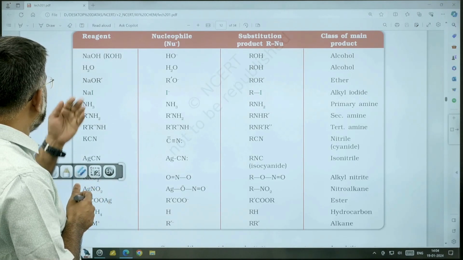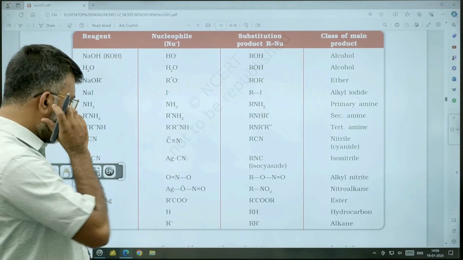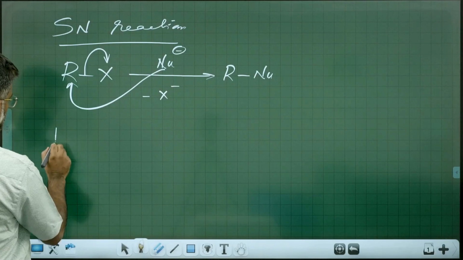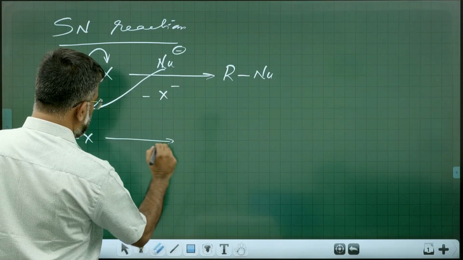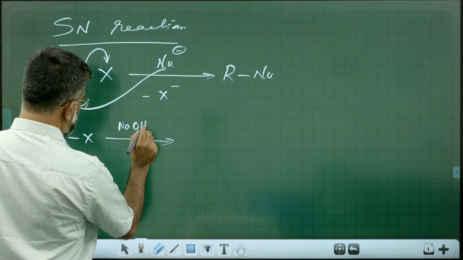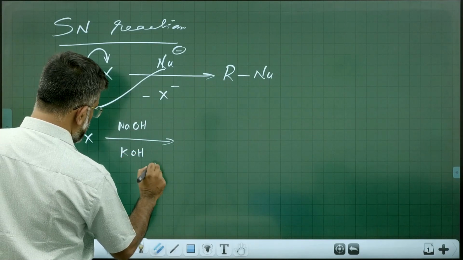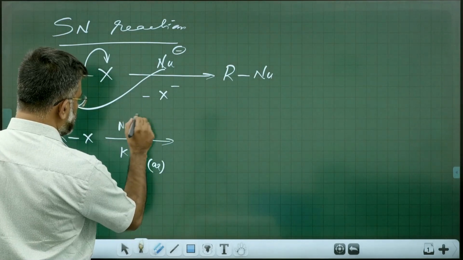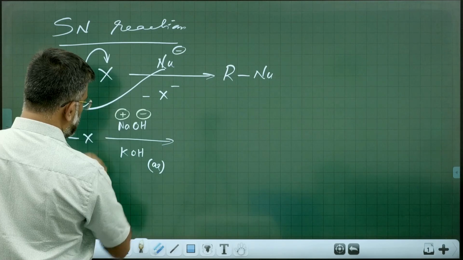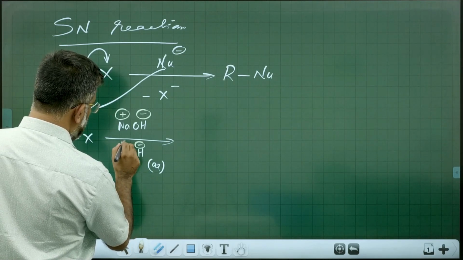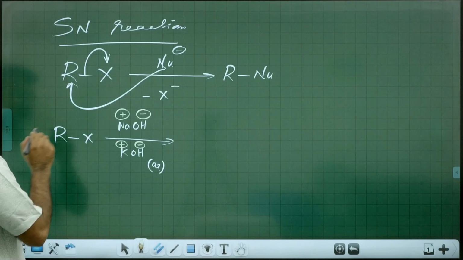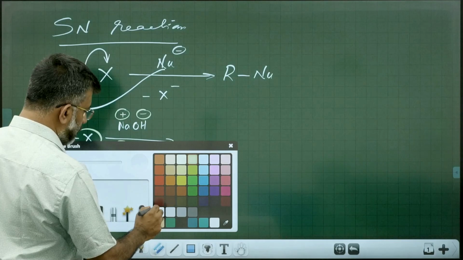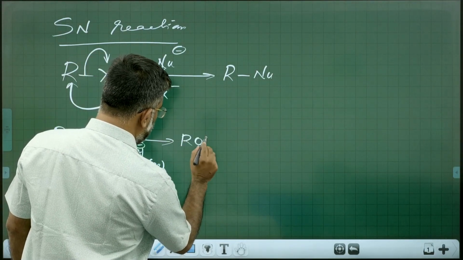For example, the first one, NaOH or KOH. What will be the reaction? Each reaction you have to examine. An alkyl halide is treated with NaOH or KOH in aqueous condition. Very simple to understand, OH minus will act as the nucleophile, replacing X. So X will be replaced by OH minus and the product obtained will be alcohol.